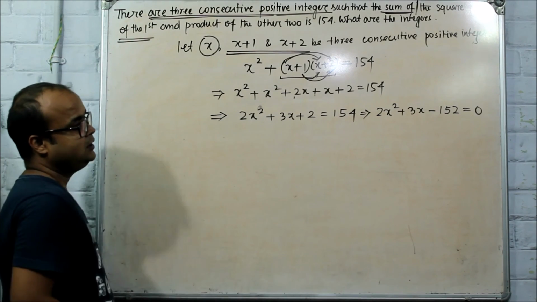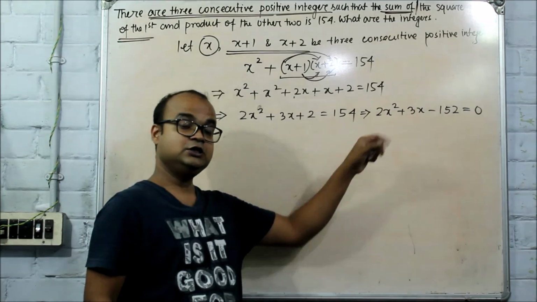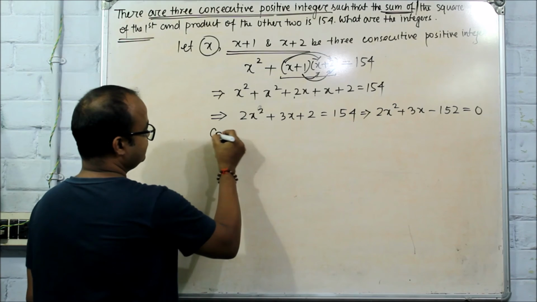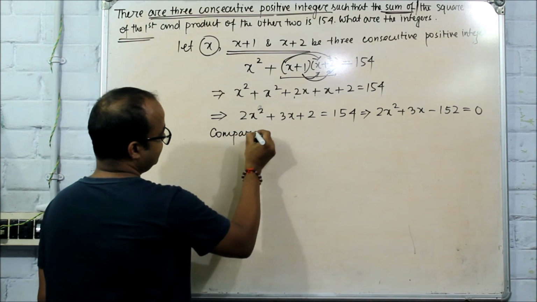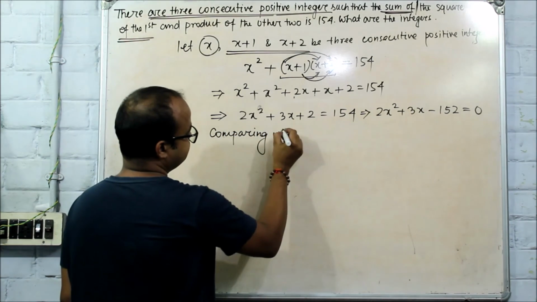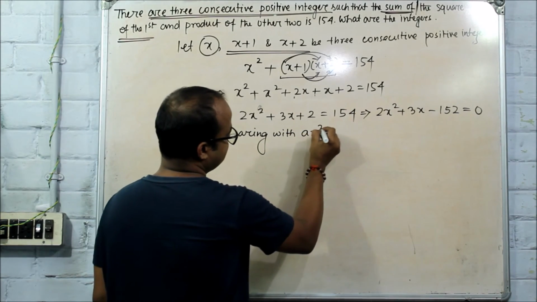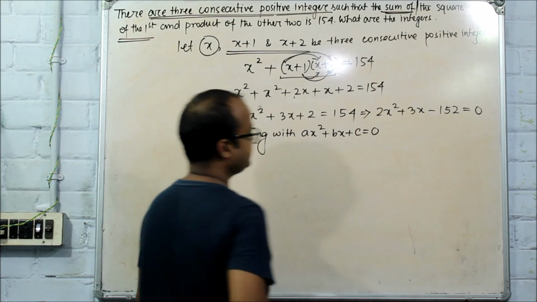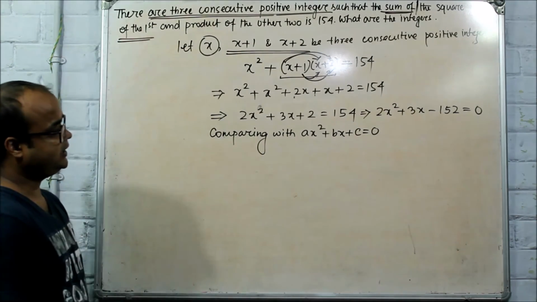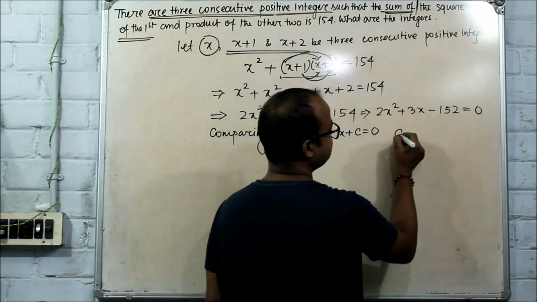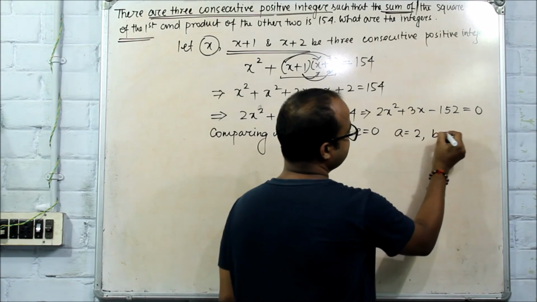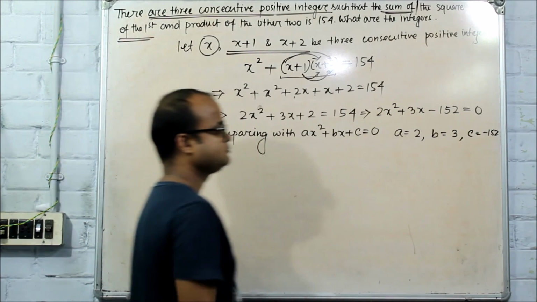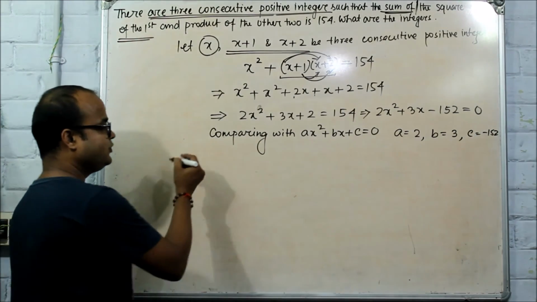Now we solve this equation using the formula. We write, comparing with ax square plus bx plus c is equal to 0, a is equal to 2, b is equal to 3 and c is equal to minus 152. Now we apply the formula.